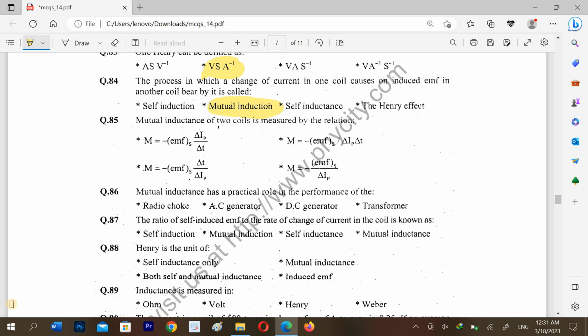Mutual inductance of two coils is measured by the relation M is equal to minus EMF of S upon dI/dt of P. This is the answer. Mutual inductance has a practical role in the performance of the transformer.